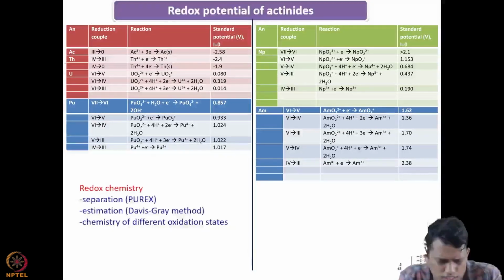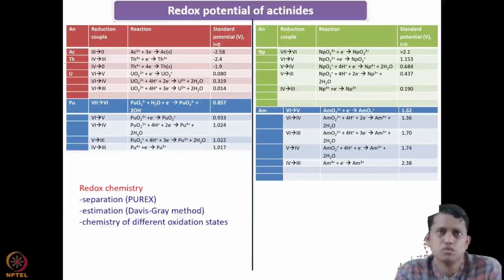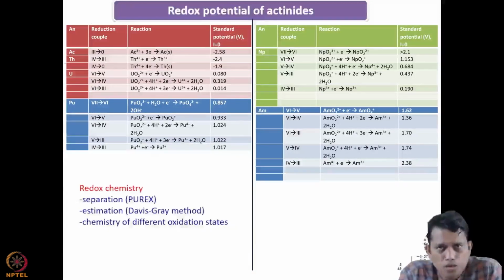And suppose you want to understand the chemistry of a refined oxidation state, even in those cases we want information about the redox potential, so that we can play with the redox potential with certain complexing agents, or we can add some different kind of redox couple that can easily reduce or oxidize the metal ion.